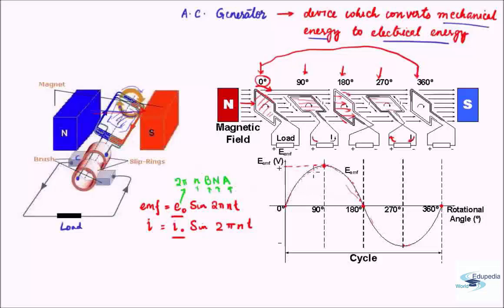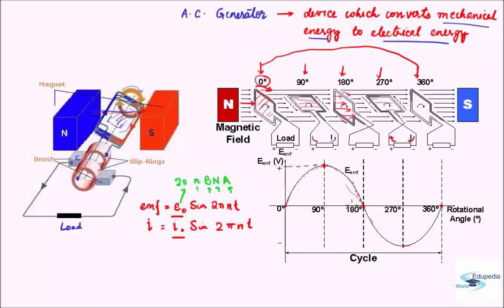Also, the magnitude of EMF is continuously changing. In DC current, the direction of EMF remains constant. Also, the magnitude remains constant. So, DC current or direct current does not have any frequency. It remains in the same direction throughout.